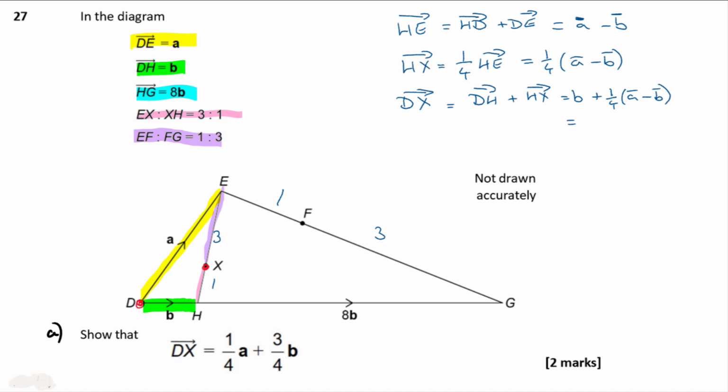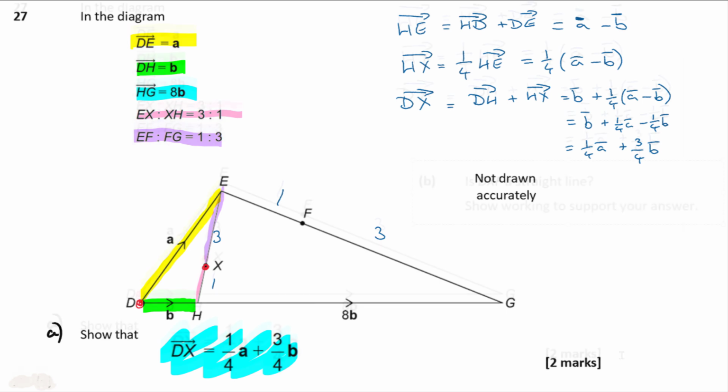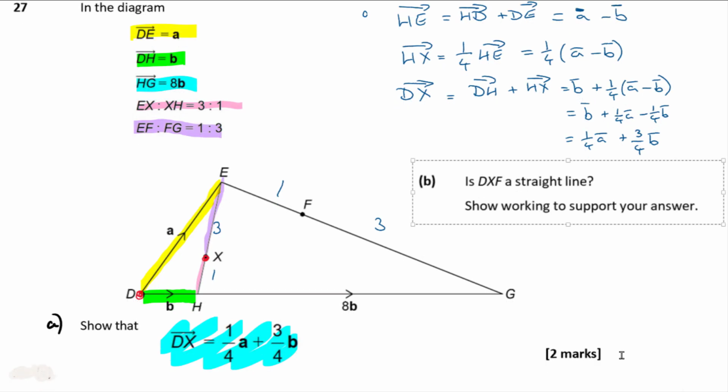So just removing the brackets, I'm going to get B plus 1/4 of A minus 1/4 of B, which is equal to a quarter of A. B, take away a quarter of B, that leaves me with 3/4 of B, which spookily is what I was looking for. There it is down there. So a quarter of A plus 3/4 of B. Good, we're done. Okay, so that was my workings for part A.